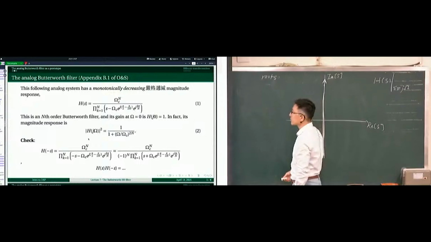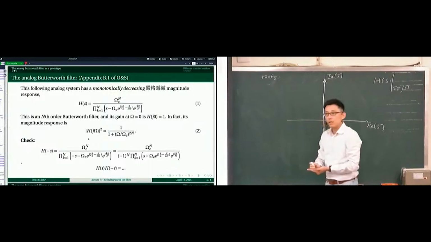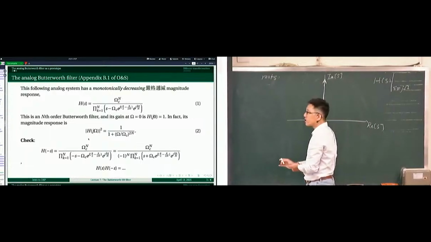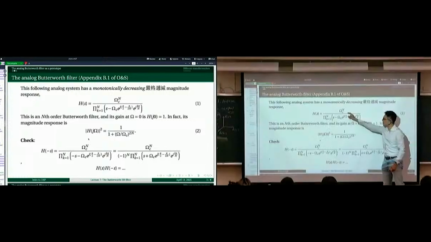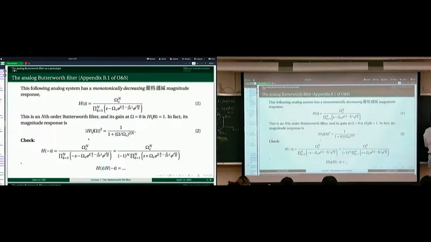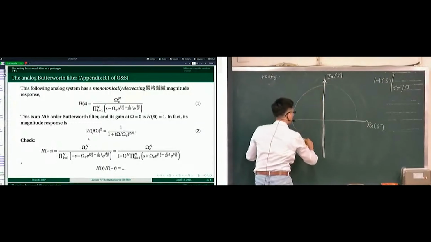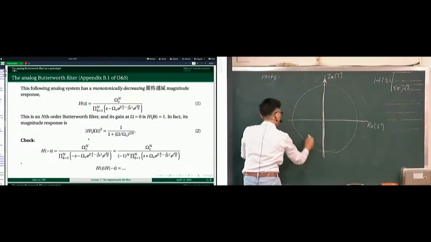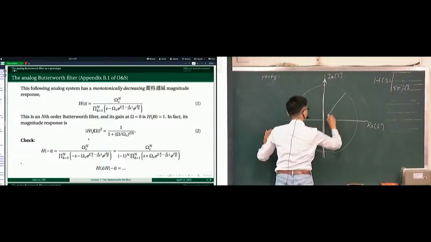And where are the roots? The roots are all on one circle, and that circle has a radius of omega c. Let's draw a circle of that radius.